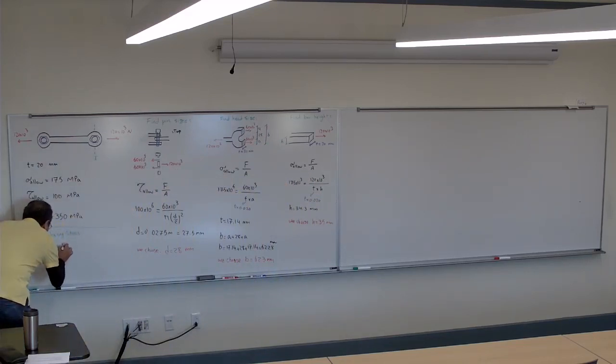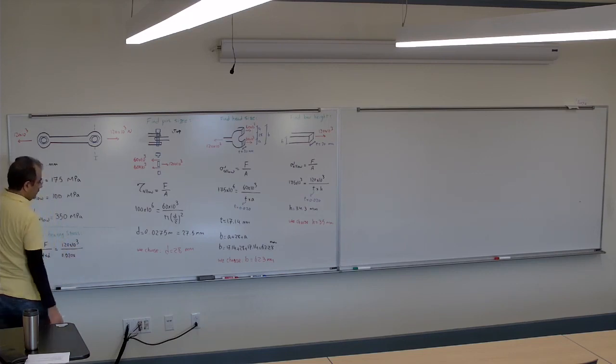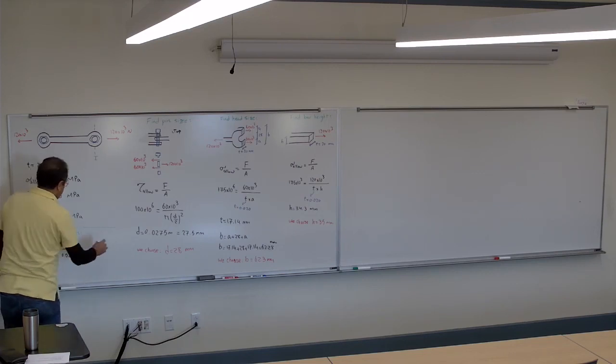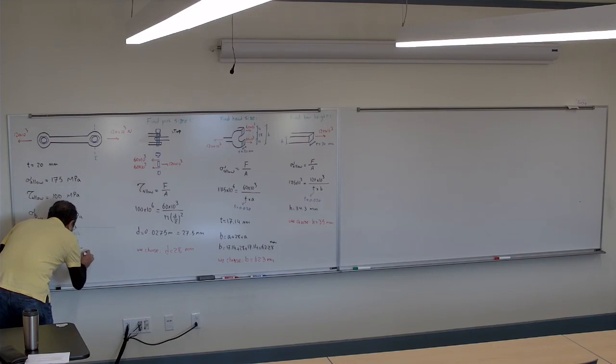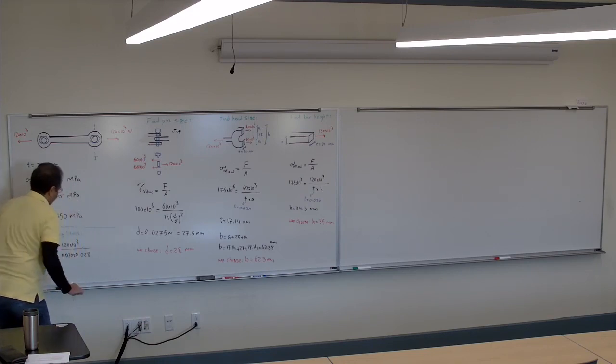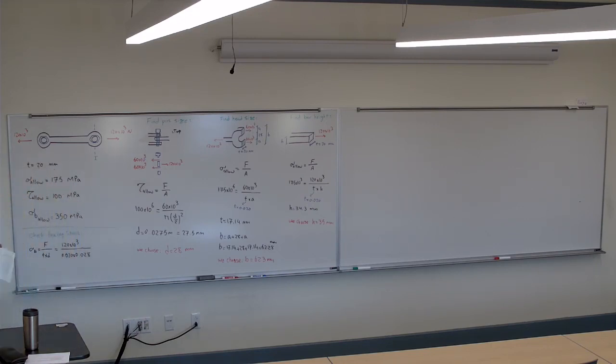So it's going to be 120 divided by T, which is 0.20, and D. How much was the D? So how much is that?